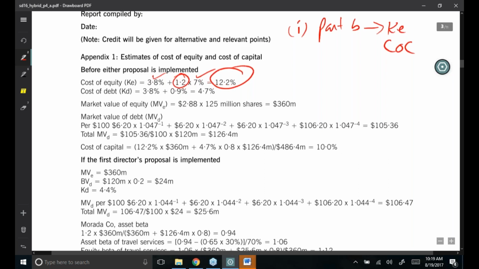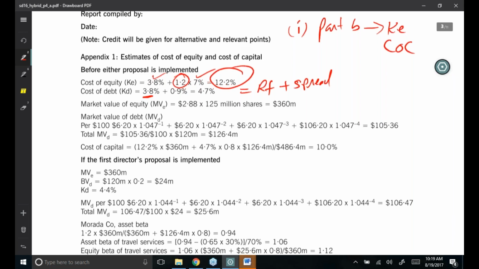What about the cost of debt? The cost of debt is a formula of the risk-free rate plus the credit spread. So the risk-free rate is 3.8% plus, according to your current rating, your spread is 0.9%, that is 90 basis points.